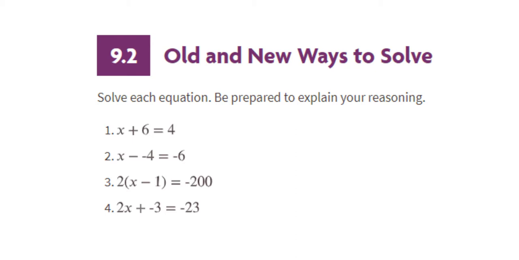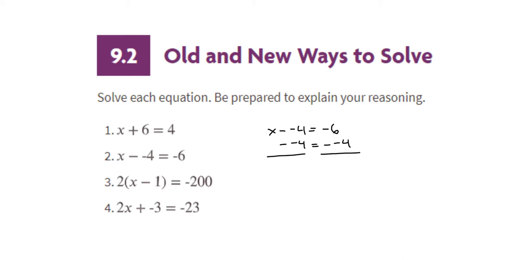So if we have x minus negative 4 is equal to negative 6, we want to take away this negative 4, right? So we would subtract negative 4 is equal to negative 6 minus negative 4. We do the same thing to both sides.